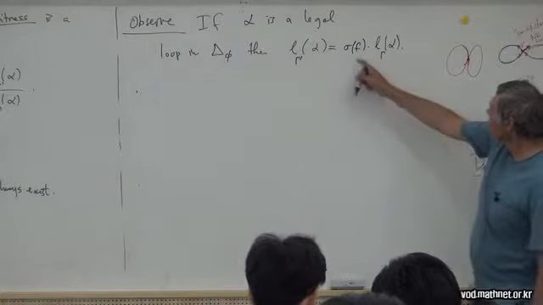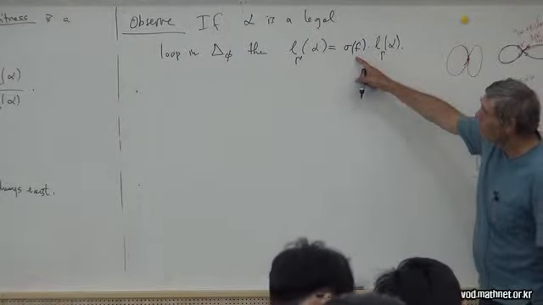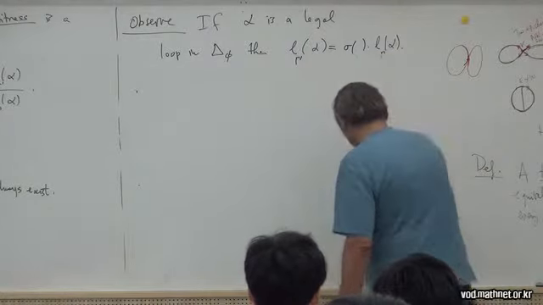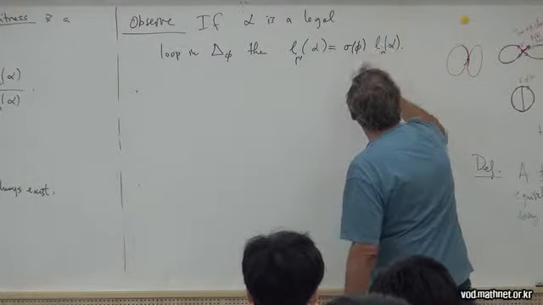Right, this is the Lipschitz constant of our function f, or phi. I forget now what the notation was. That's the trouble with taking a break. I don't remember the notation anymore. Phi.